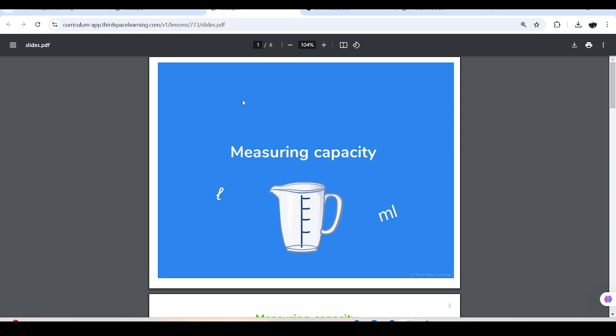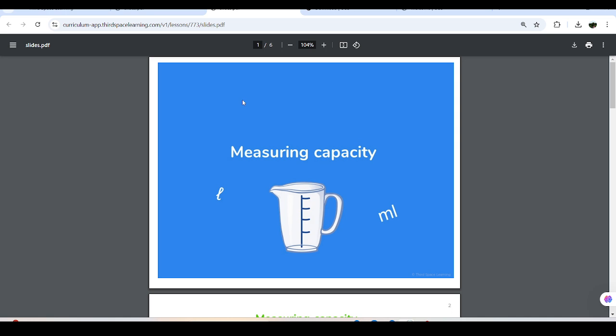But let's suppose you want to buy some cloth. If you go to the shop, you would say I need 2 meters of cloth, right?